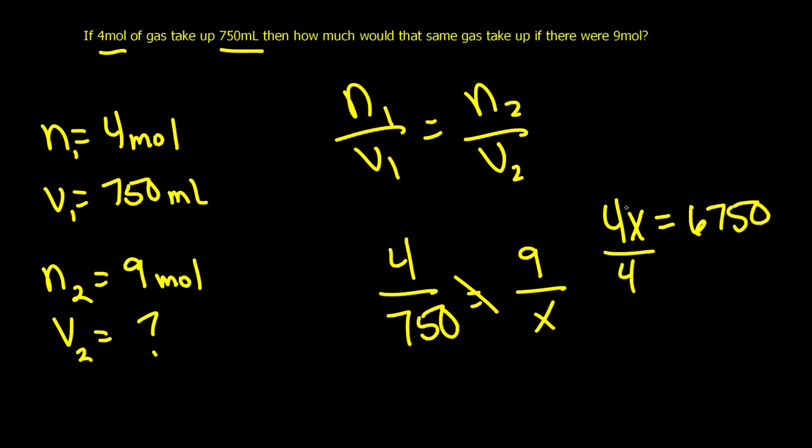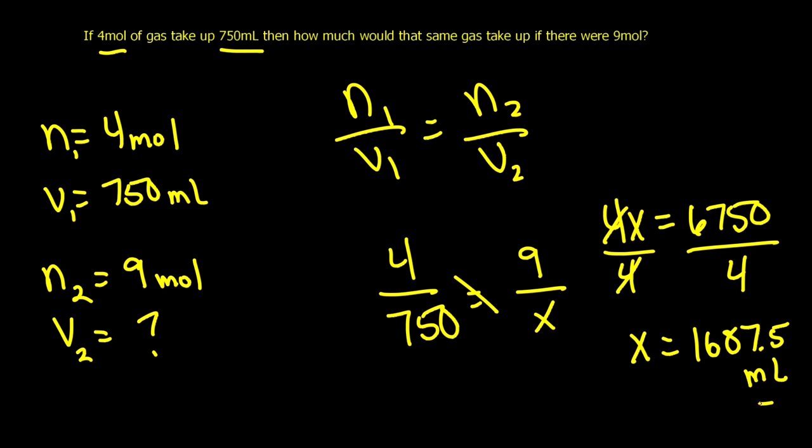We divide by the value with X, that cancels. So 6,750 divided by 4 is going to be 1,687.5. And since we're dealing with milliliters, put it milliliters. So our moles went up, so the amount of space we needed should have gone up with it.